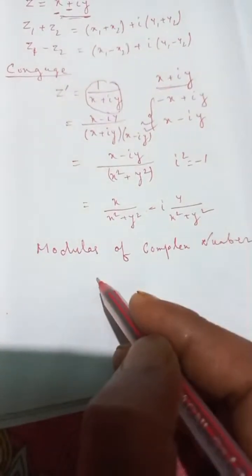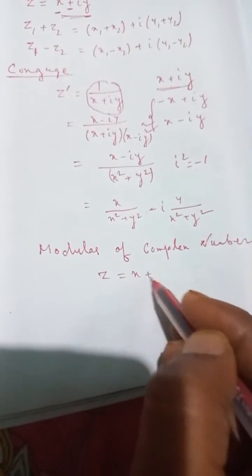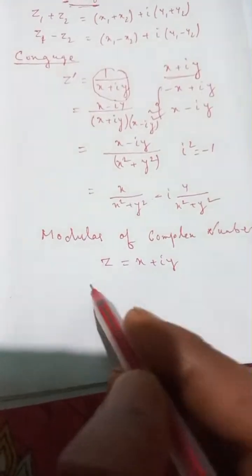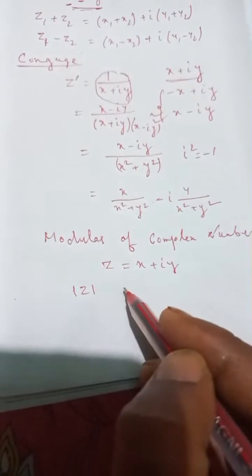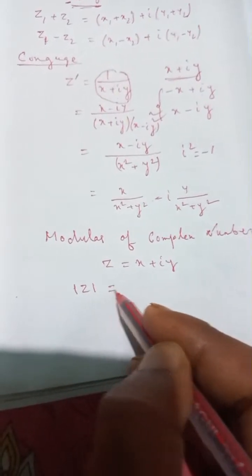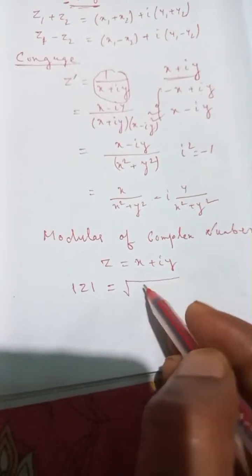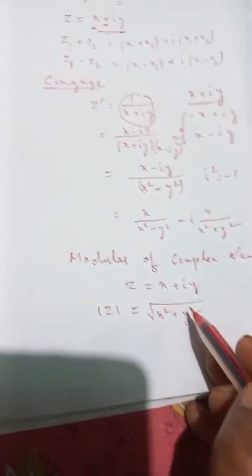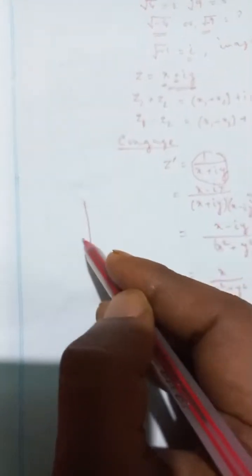If a complex number is represented as z equal to x plus iota y, then its modulus is represented as mod z, which is equal to the square root of x square plus y square. In the Cartesian plane, the modulus can be represented in this way.